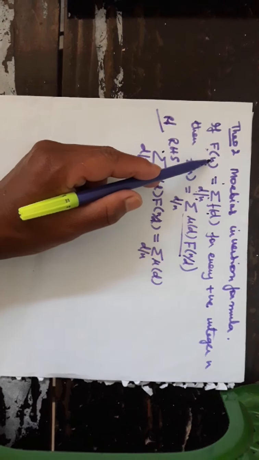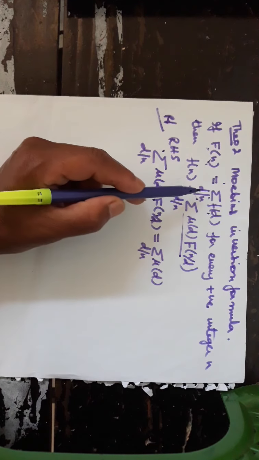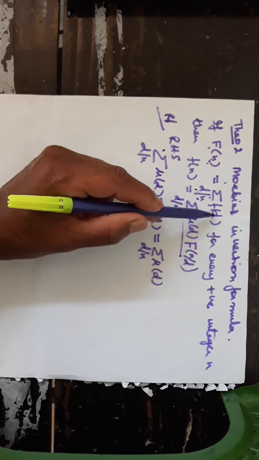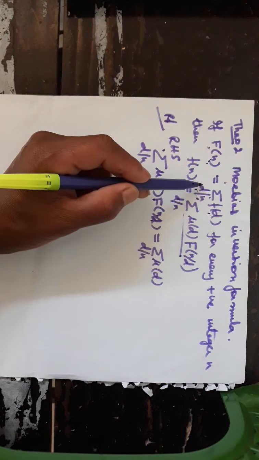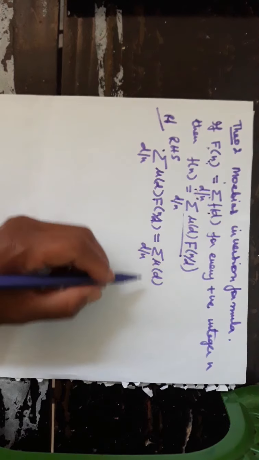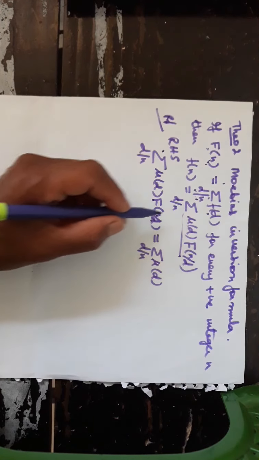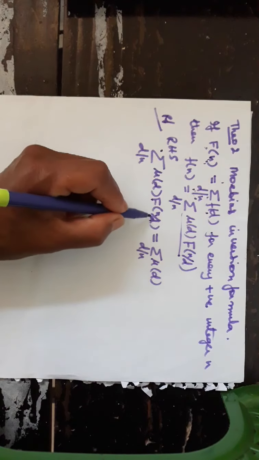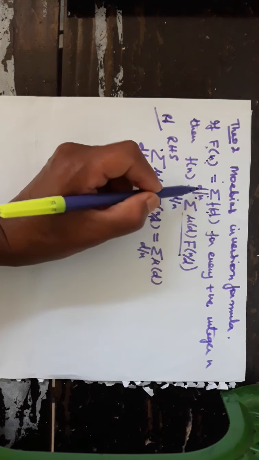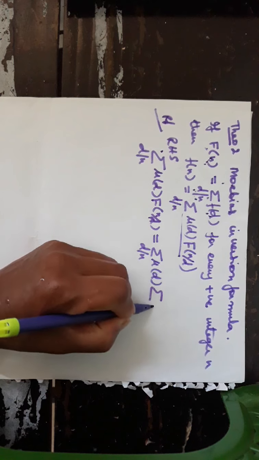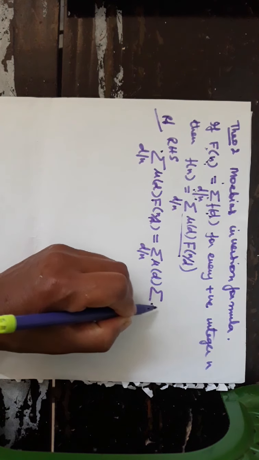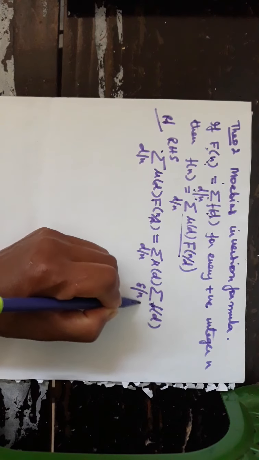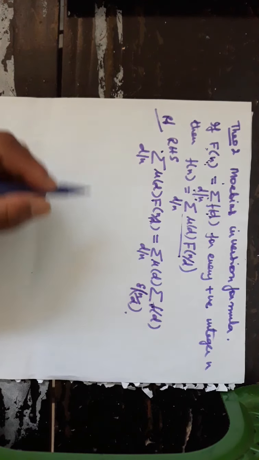If it is F(n/d), then you have to write F(n/d) as the summation of f(delta), where delta divides n/d. You just replace this n by n upon d, and this d you replace by delta. So we have the summation of μ(d) f(delta), where delta runs over the divisors of n/d.